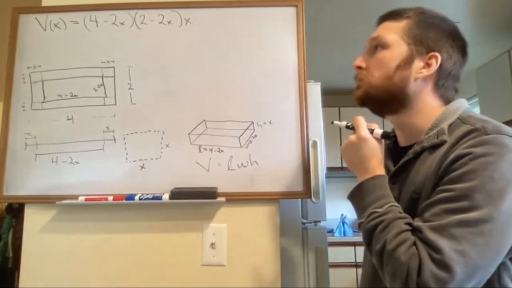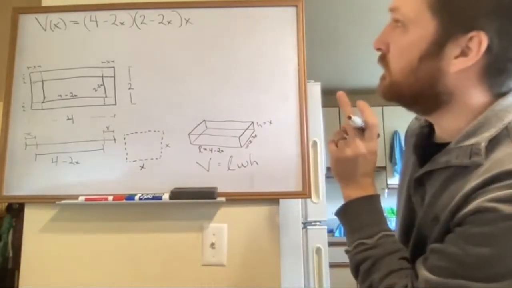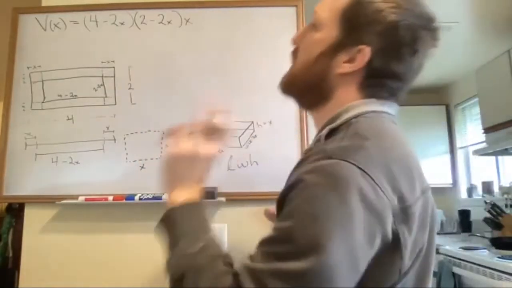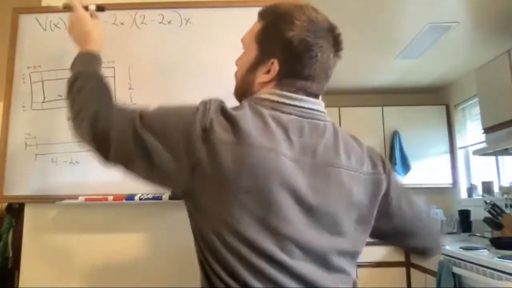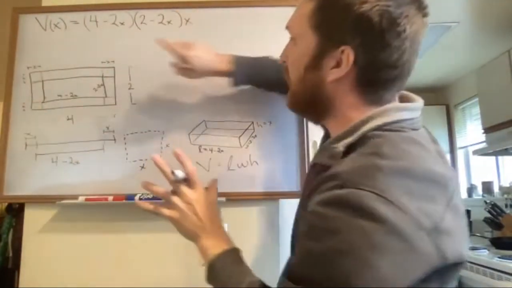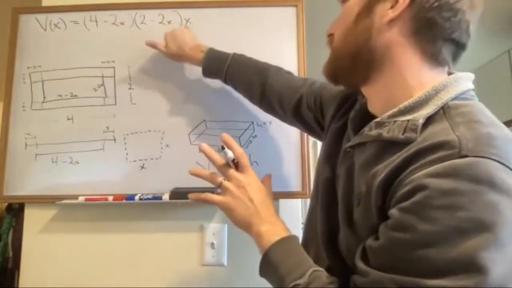2 and 1? 2, so you said 2. What I'm guessing you did is you said, well, this is a factored polynomial, and so it equals 0 whenever each one of these things equals 0.